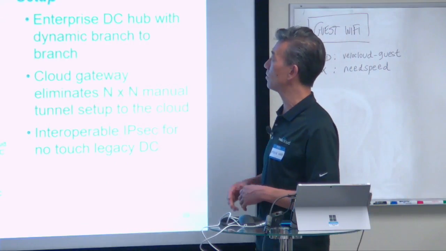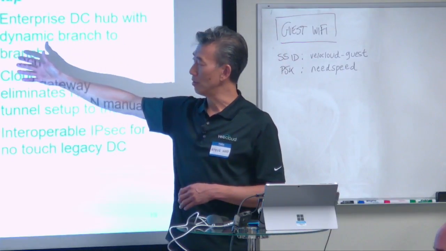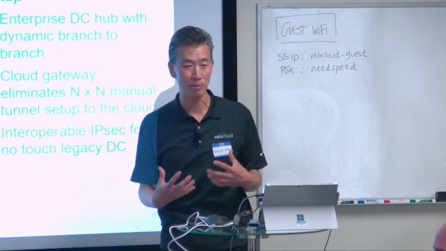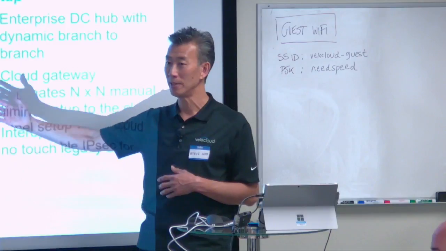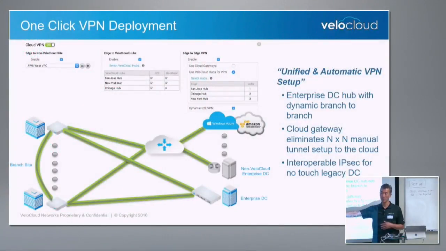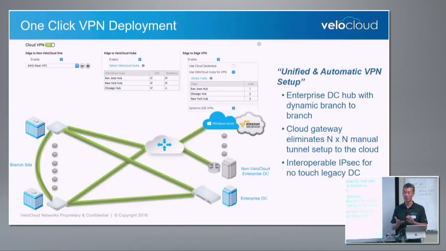The challenge is, if I've moved the workloads to the cloud, people have come to us and we have an end-by-end problem because now I have one vendor's router in the branch, and then I have to connect to Amazon, Azure. It becomes n branches by n cloud data centers, a manual 2-sided IPsec tunnel setup, depending on the IP address and changing every time there's a branch move out or change.